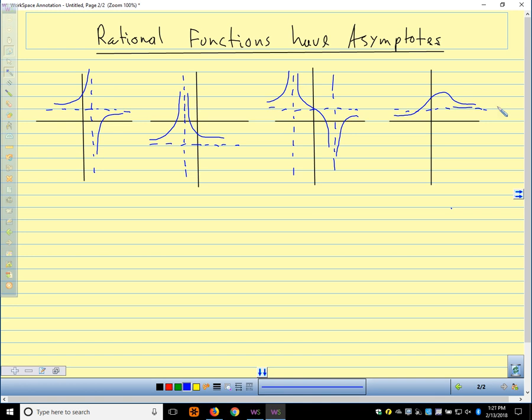So the first thing we want to do is, we have an intuitive idea about what an asymptote is. I want to make that intuitive idea a little more solid, so we're going to define asymptotes.